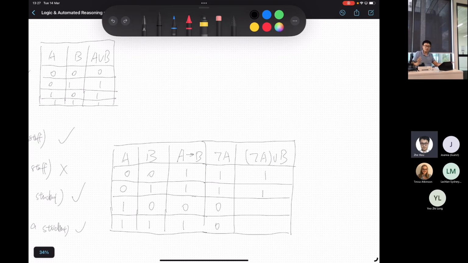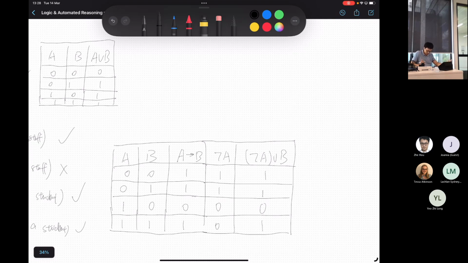If both are 0, then you get 0. That's the semantics for OR. Now, what about the third row? Not A is 0, B is 0. What do you get? You get 0. And then the last row, not A is 0, but B is 1. 0 or 1, you get 1.